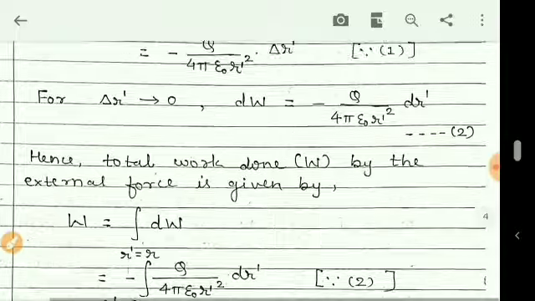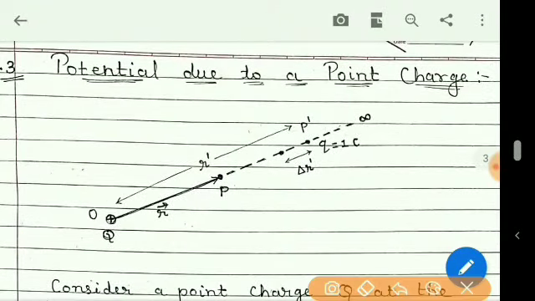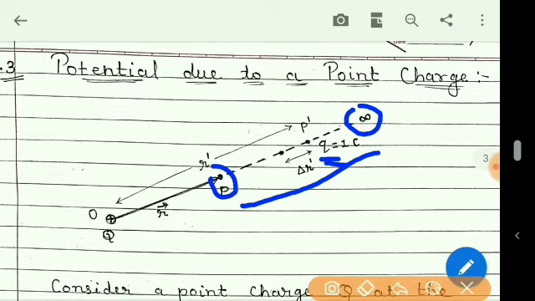See from this figure, we are bringing the particle, which is q equal to 1, from infinity, which is the initial position, to point P, which is at distance r. You can see the point P is at distance r.